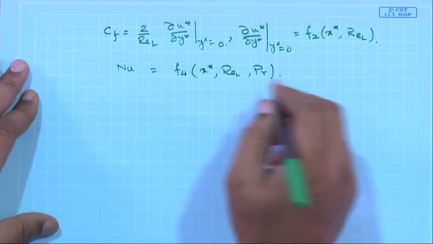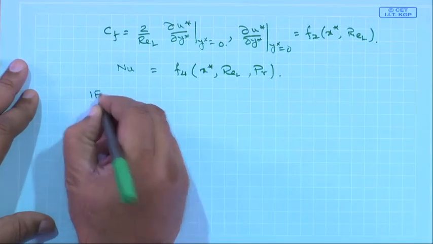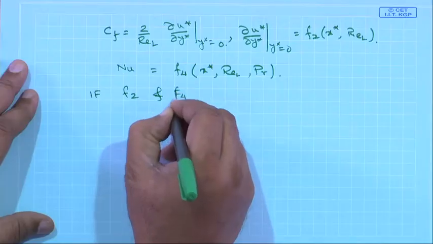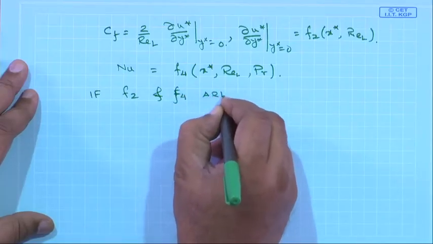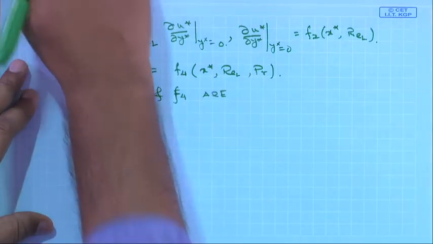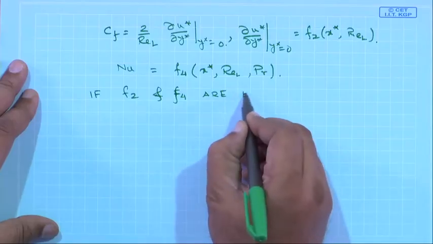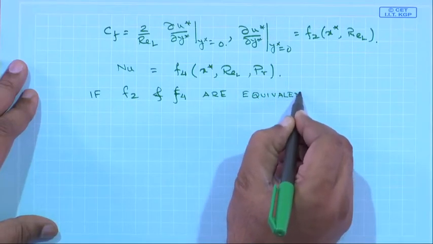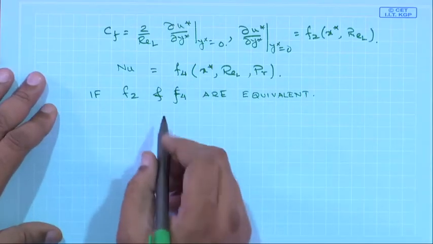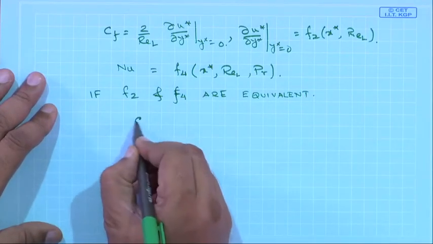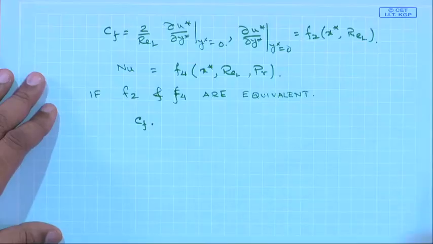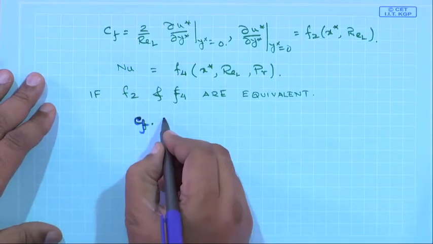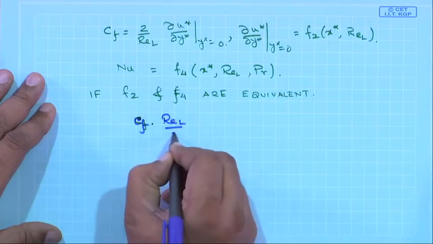Okay. So, if f2 and f4 are equivalent, then what we can say is that Cf from here times Re_L by 2.